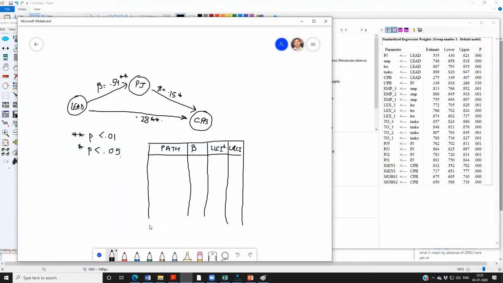You can report that the bias-corrected 95% confidence interval was computed based on 5,000 bootstrap samples.